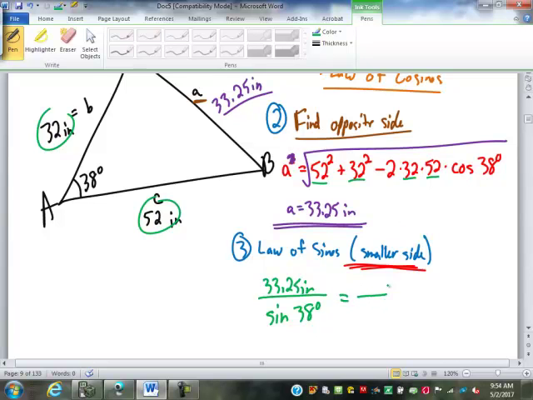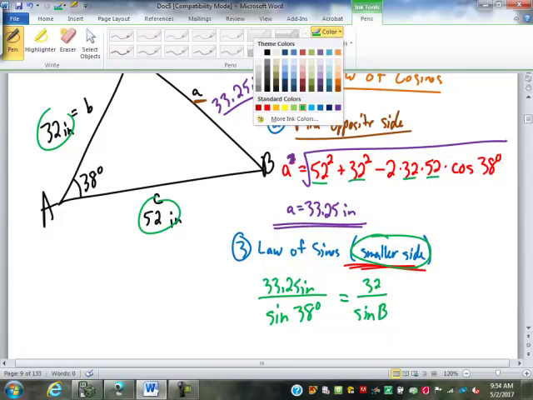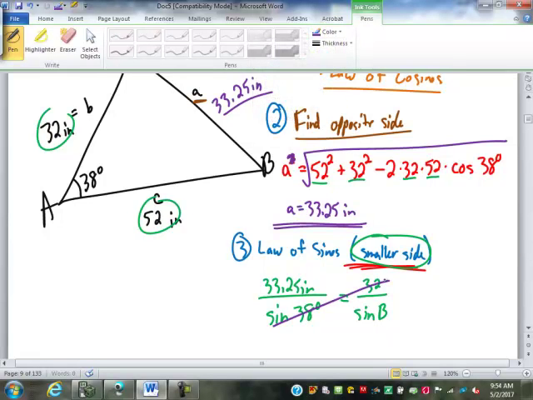Which other side do I want to use first? 32. Why? Smaller side. That's going to be over the sine of B. Very good. So we cross multiply and divide. Sine of 38 times 32 divided by 33.25.